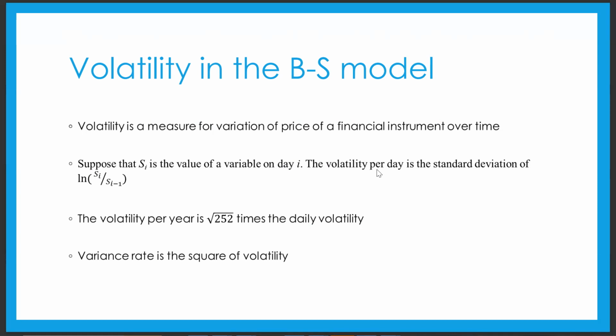The volatility per day is just the standard deviation, but not for this series, but for the series of logarithms of the proportion S_i to S_{i-1}. That is how we can find the volatility per day. If we would like to find the volatility per year, we need to multiply this volatility by the square root of 252. And the variance rate is the square of volatility.